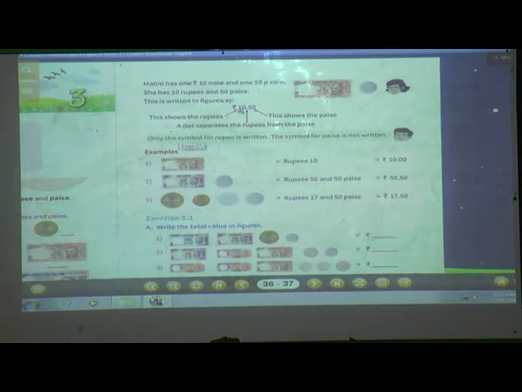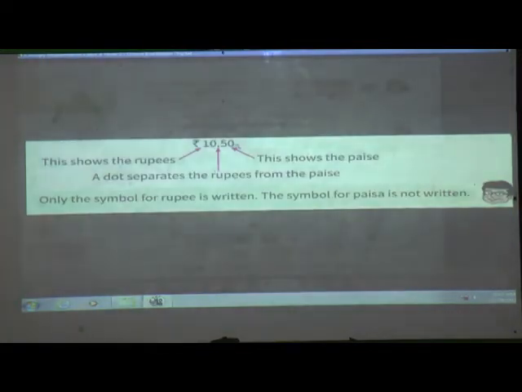See here again, how will you write this value? Rupees 10.50. Now 10.50 means rupees 10 and 50 paise. So here only the symbol of rupees is written, the symbol of paisa is not written.